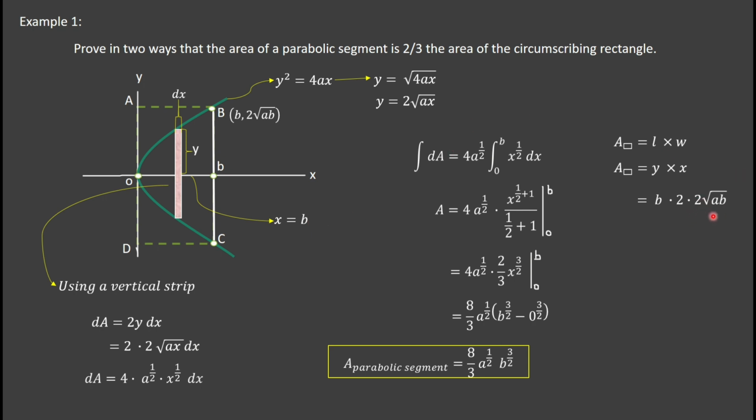Therefore, 2 square root of ab, then we have x equals b. So the area of the rectangle equals 4a to the power 1/2 times b to the power 3/2. We can prove that the area of the parabolic segment equals 2/3 of the area of the rectangle.